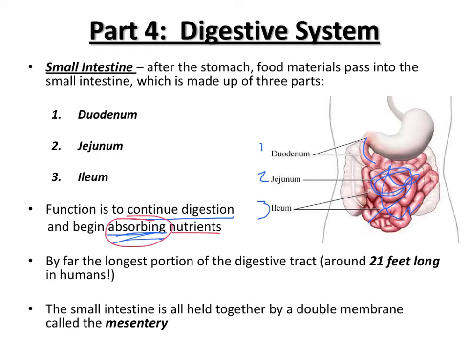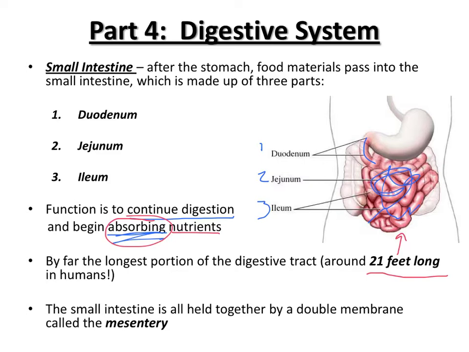Now, the longest part of your digestive tract is your small intestine, which seems funny, I know, by the name. But when we say small intestine, what we mean there is that it's a pretty narrow tube. It is actually a really long tube. In a human, obviously it's all folded up, but you have roughly 21 feet of small intestine inside your abdomen, so it's really well folded up inside of there.